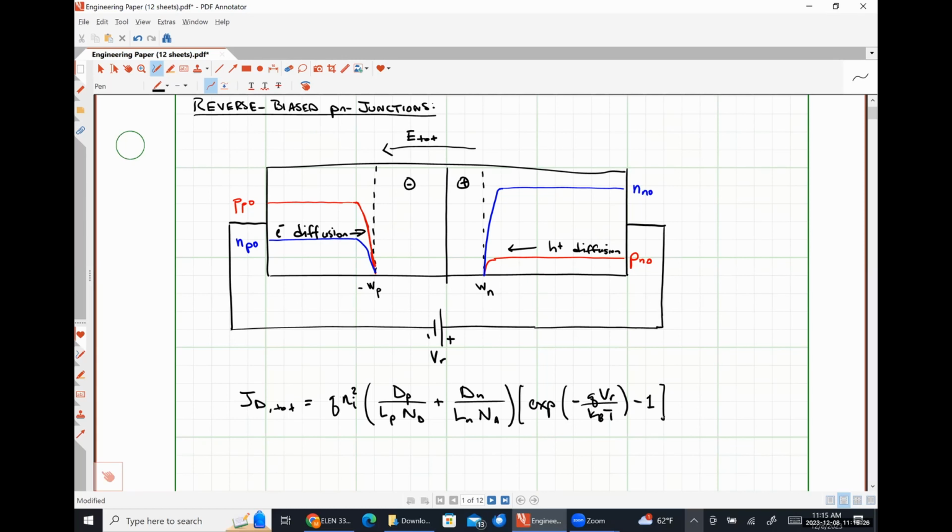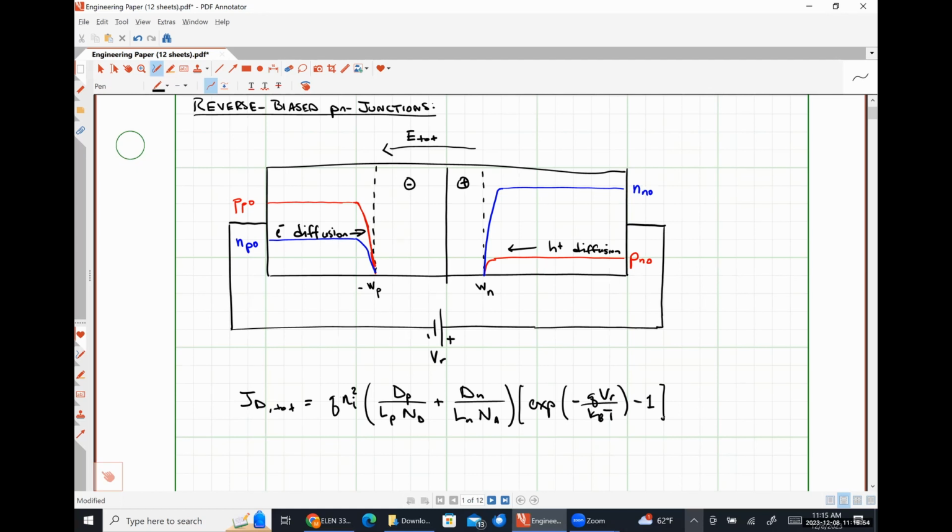Realistically, we could not worry about V_F for forward bias and V_R for reverse bias and just call it V bias, where we're always assuming our battery voltage is applied in a forward bias configuration. Whenever we have a reverse bias, we could just say it's a negative voltage and use the exact same equation for everything, which is really what I'm going to do from here on out because I don't want to remember the difference.